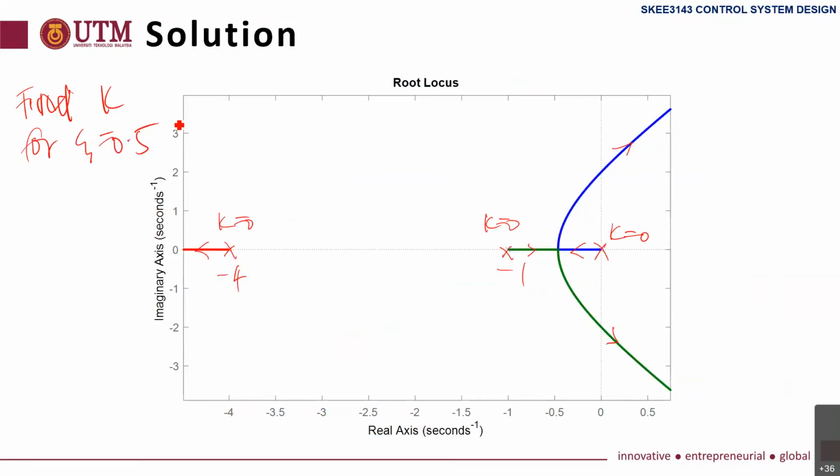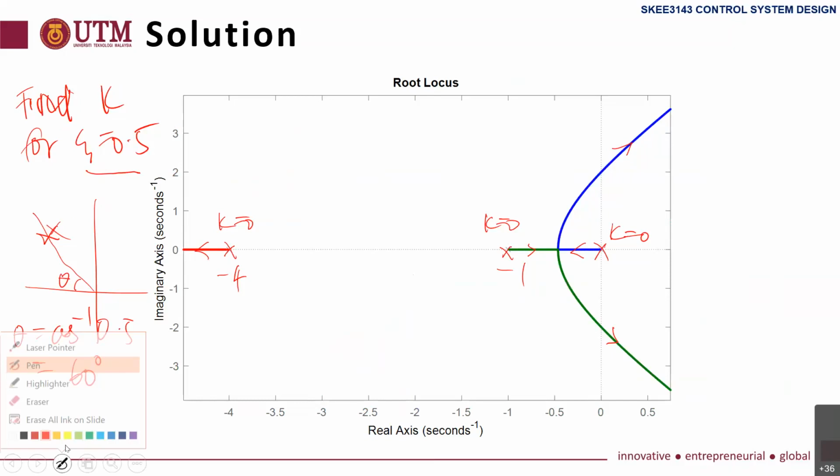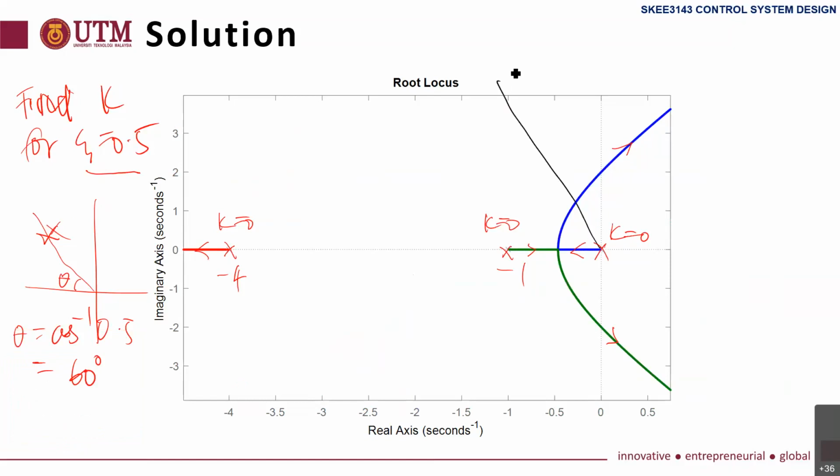Zeta 0.5. When we need to find K, yesterday we discussed the zeta line. This is the zeta line. The angle here is cos inverse 0.5, and cos inverse 0.5 is 60 degrees. So we need to draw a line here at 60 degrees, the zeta line.